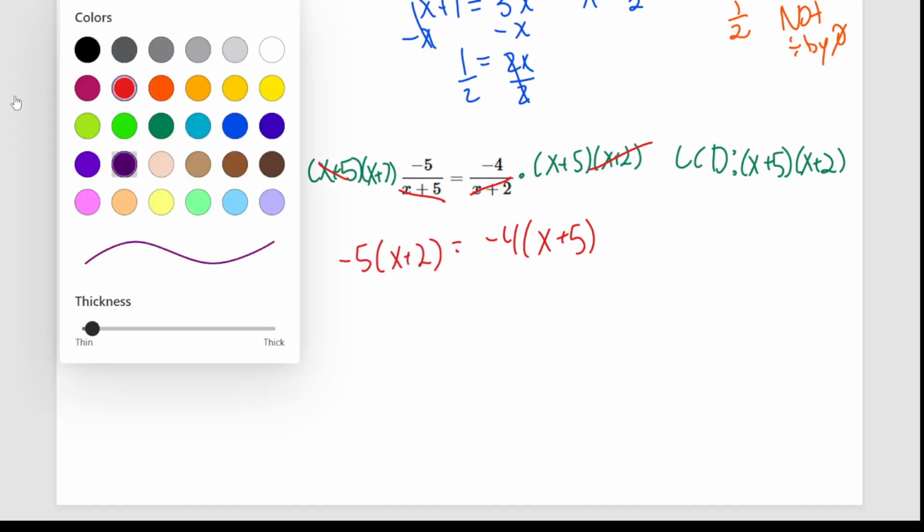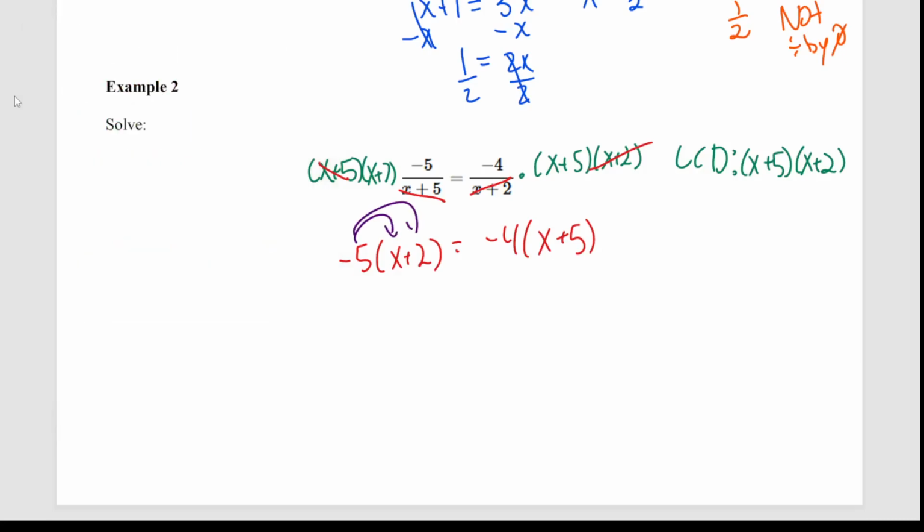And then I'm going to want to simplify further. So I can distribute multiplying by negative 5 by both of these terms. So I get negative 5x minus 10 in particular. And then I'm going to go ahead and distribute the other side as well, so that would be negative 4x minus 20.